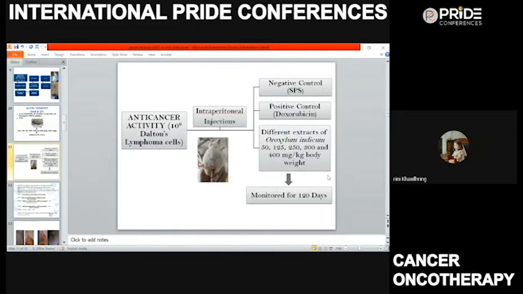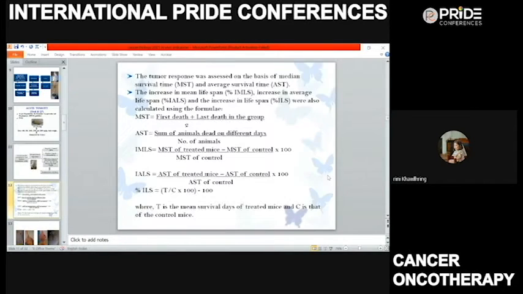Different doses of different extracts of Oroxylum indicum were given to different groups of mice, and they were monitored for their survival for 120 days, to see whether the extract can prolong the survival of those Dalton's lymphoma bearing mice or not.